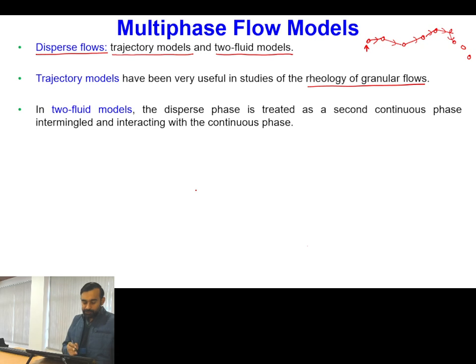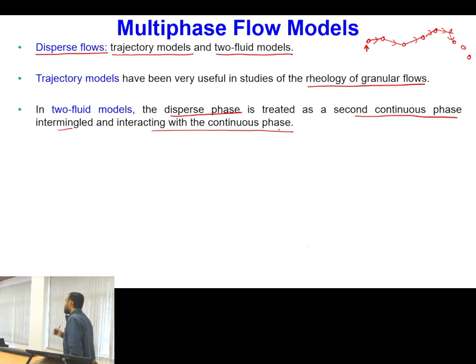The second approach is the two fluid model. In the two fluid model, the dispersed phase is treated as a second continuous phase, intermingled and interacting with the continuous phase. So what is our assumption?